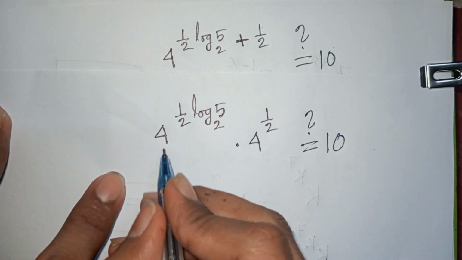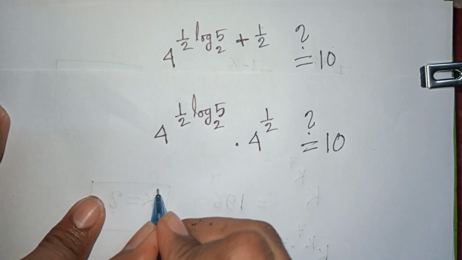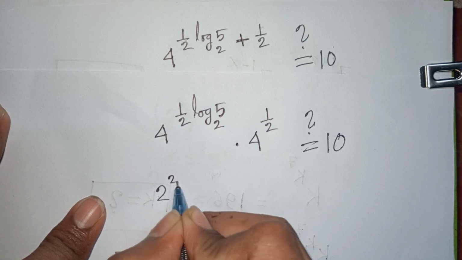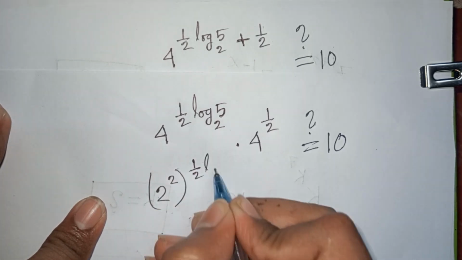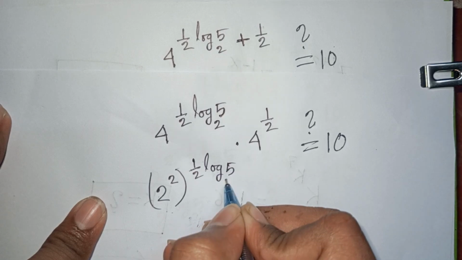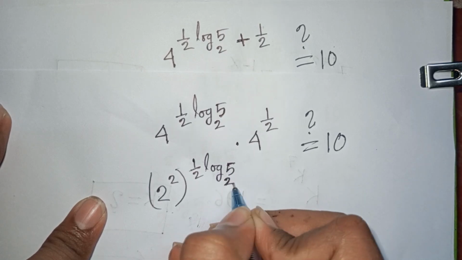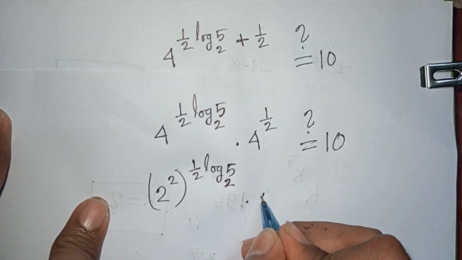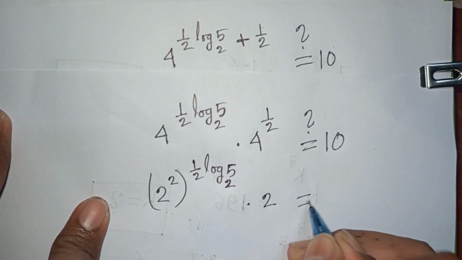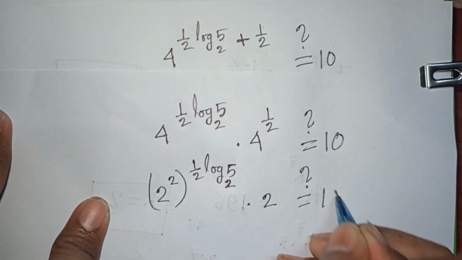Now 4 is the same as 2 power 2, then bracket power of 1 by 2 log 5 base 2, then times 4 power 1 by 2 is the same as 2, is equal to 10.